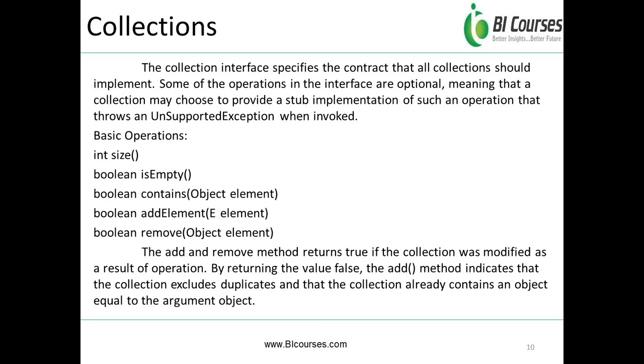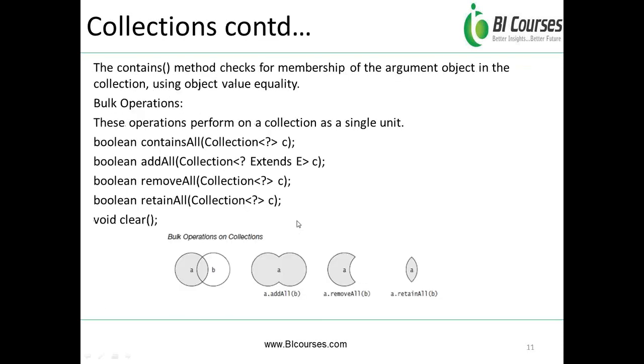The add and remove methods return true if the collection was modified as a result of the operation. Returning false indicates that the collection excluded the duplicates. So if it is true, then it is added, otherwise it is not added. Okay, it is excluded. And bulk operations: you can add a bulk of objects into a collection.